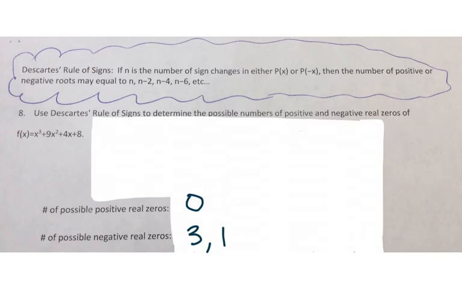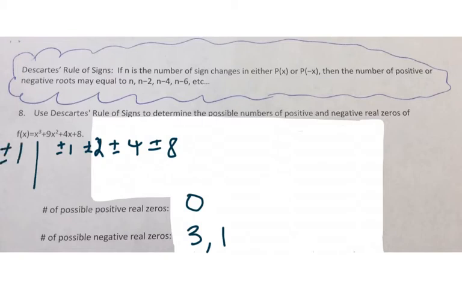Remember, the rational zero theorem tells us that I can take the factors of the constant term and put them over the factors of the leading coefficient, and that gives me all the possibilities for possible real rational roots. So my factors of 8 are going to be plus or minus 1, plus or minus 2, plus or minus 4, plus or minus 8, and the factors of 1, the leading coefficient is a 1, are going to be plus or minus 1.